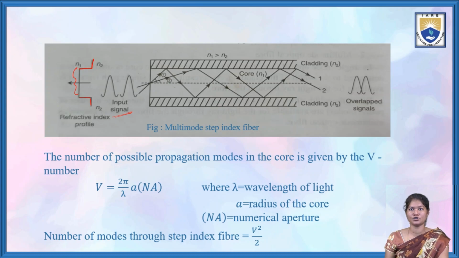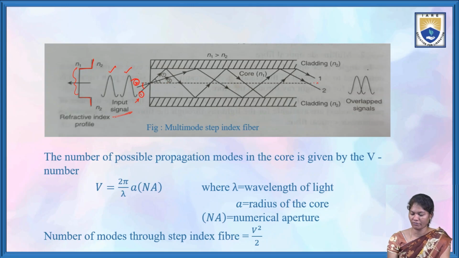Suppose there are two light rays entering into the core. So we are giving two input signals, signal 1 and signal 2. This is light ray 1, this is light ray 2. Light ray 1 is making a larger angle with the fiber axis.